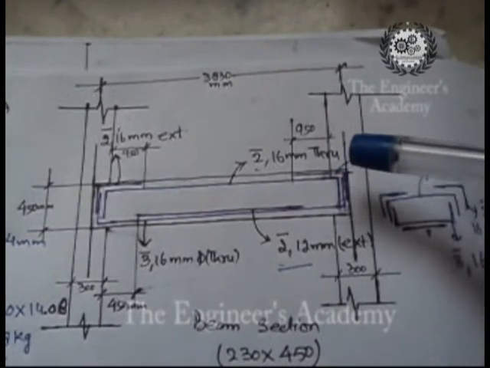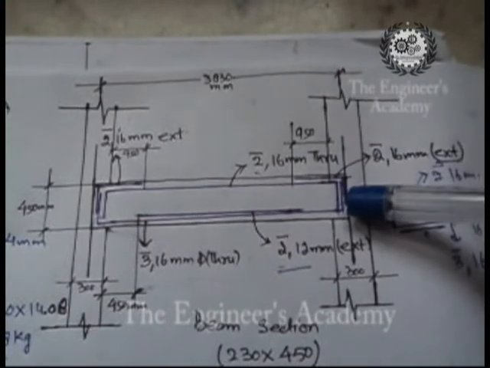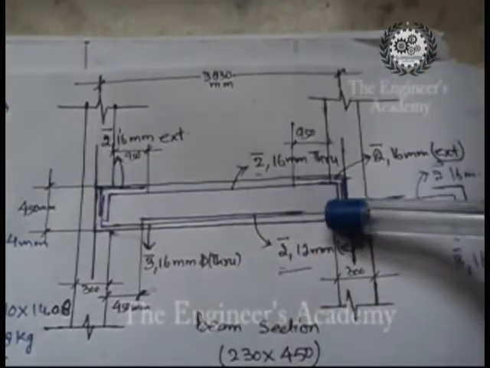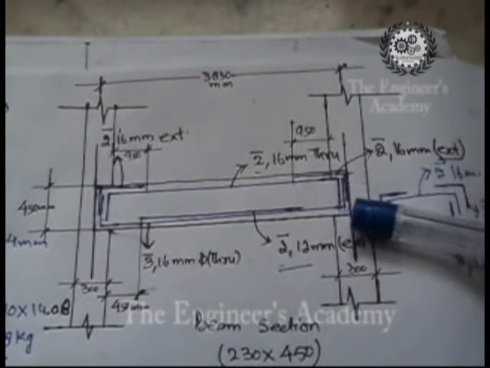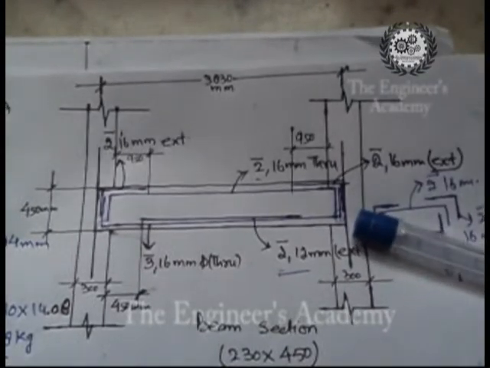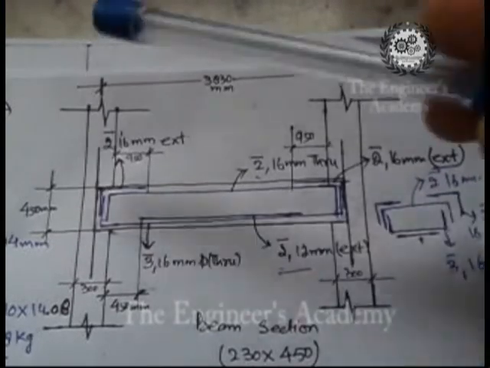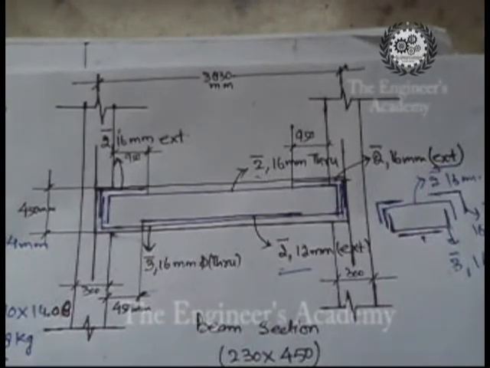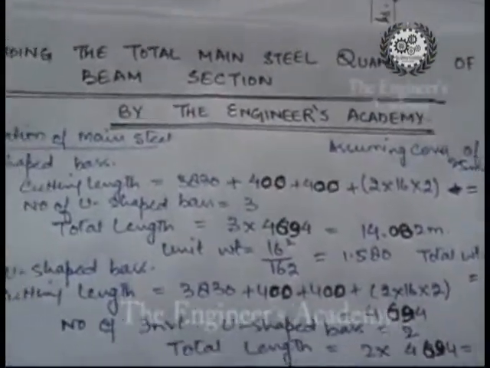So the total cutting length of the tension reinforcement will be 400 plus 3830 plus 400 plus the extension length at the bends. For a 90-degree bend, the extension length is equal to 2 times its diameter. So we'll have 2 times the diameter on this side and 2 times the diameter on this very side. So the total cutting length will be as written over here.